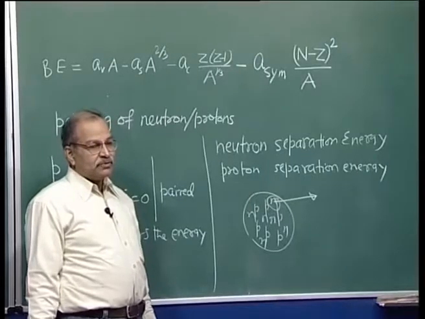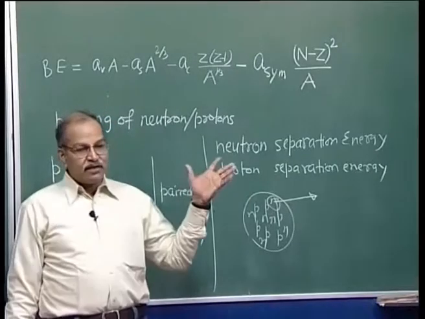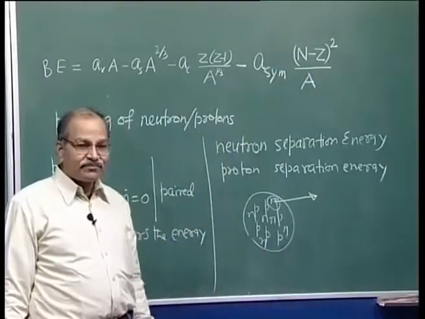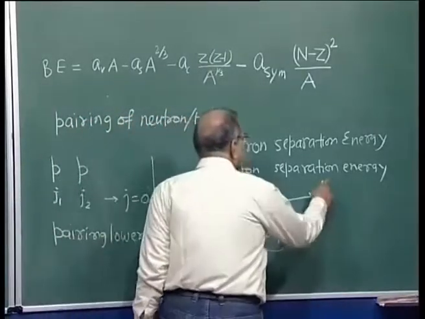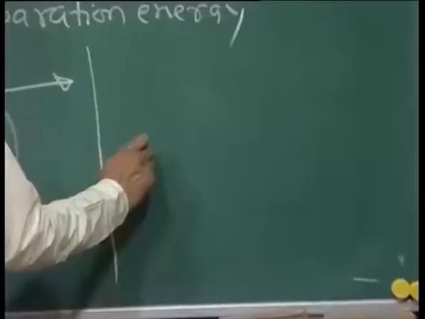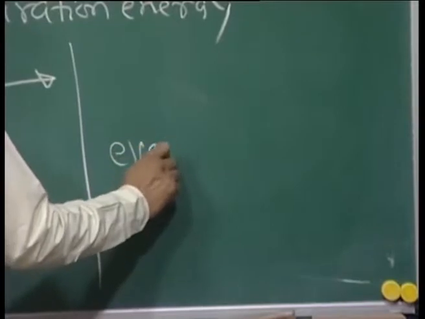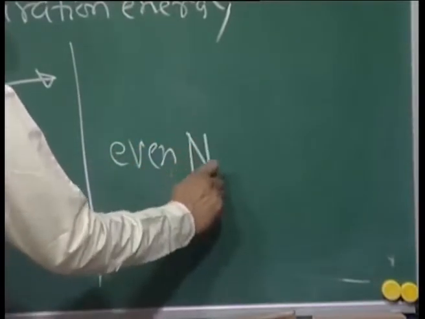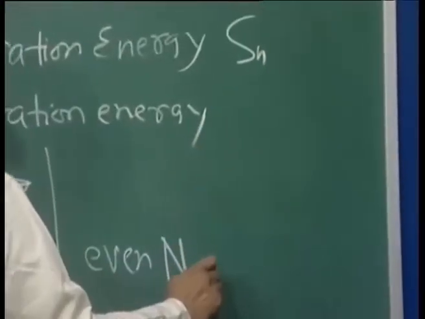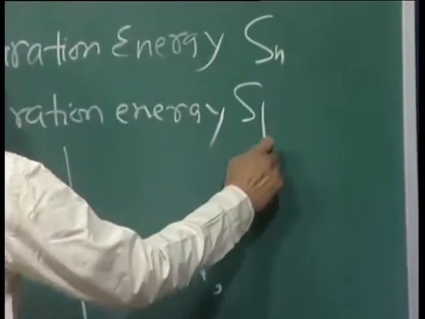So, if you take the data for this neutron separation energy, and if you look at that, you will find that for even N, this neutron separation energy we write as Sn, and proton separation energy as Sp.